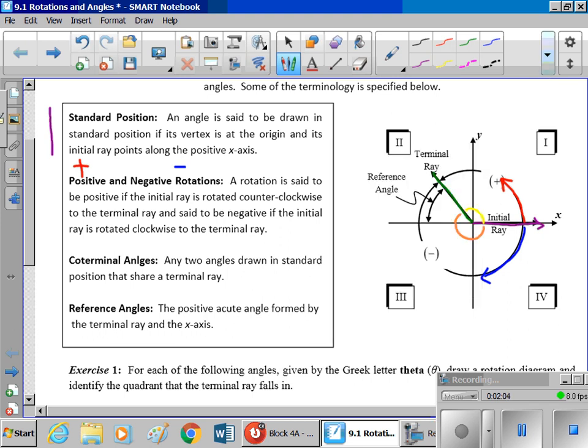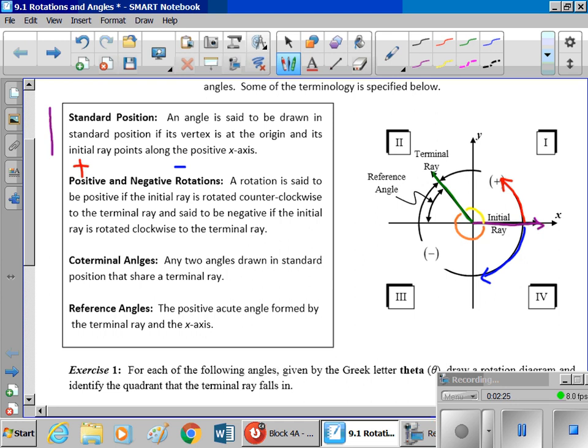Because the initial ray for the yellow angle is going to be that one on the x-axis, the purple one, and the terminal ray is going to be the green one. And for the orange angle, same thing. We have the initial ray is the purple, and the terminal ray is the green. So because these have the same initial and terminal rays, we call them coterminal.